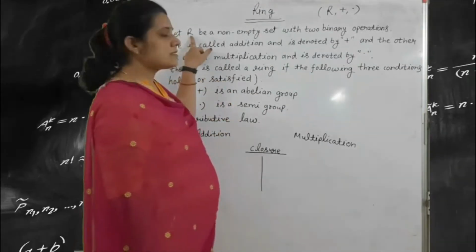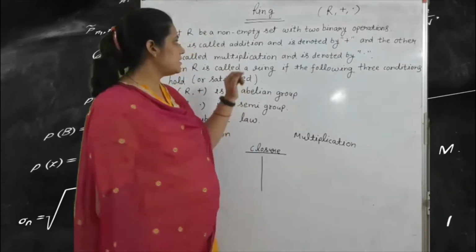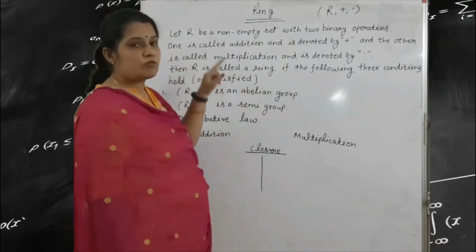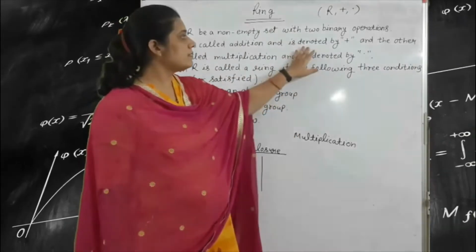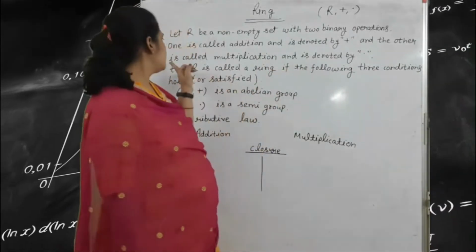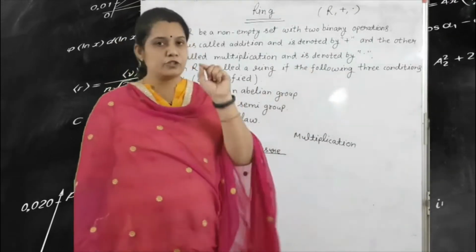Let capital R be a non-empty set with two binary operations. One is called the addition and is denoted by the plus sign, and the other is called the multiplication and is denoted by the dot.